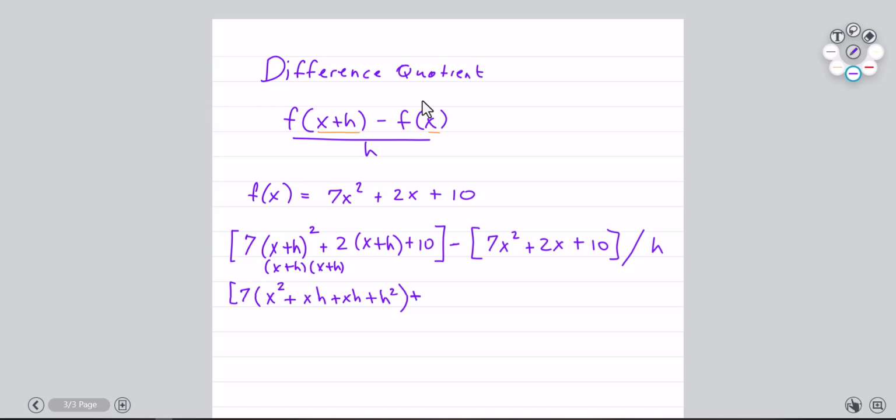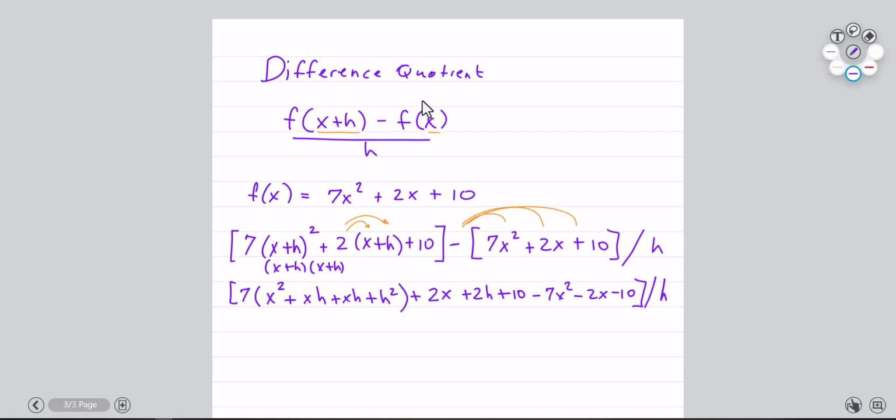I'm going to go ahead and distribute this 2, so this would be plus 2x plus 2h plus 10. And I'm going to distribute this negative sign, so that is going to be minus 7x squared minus 2x minus 10, and all of that is over h.